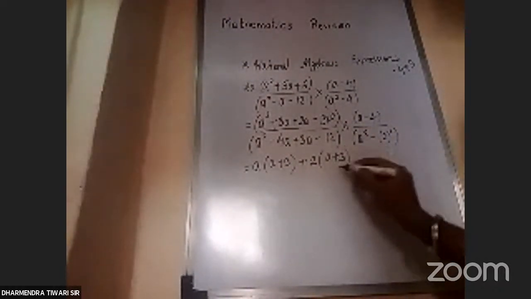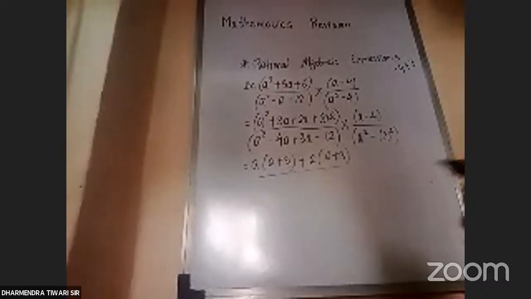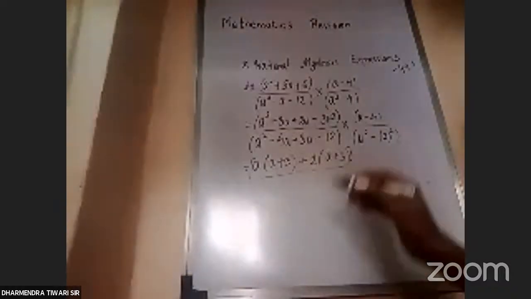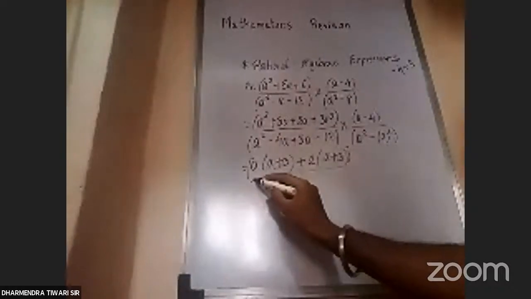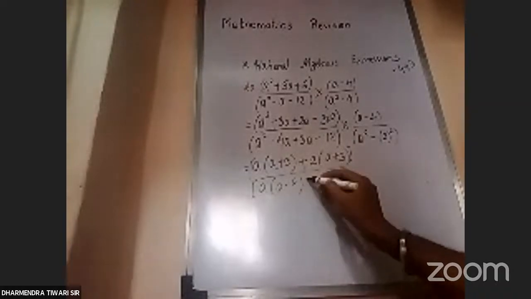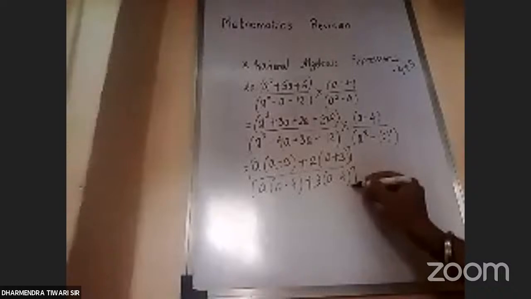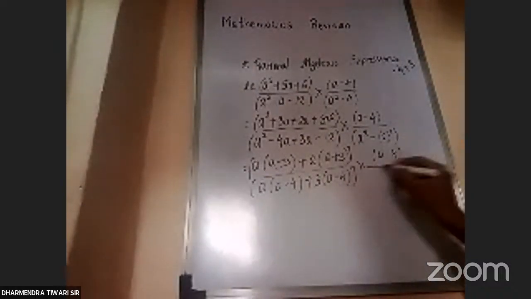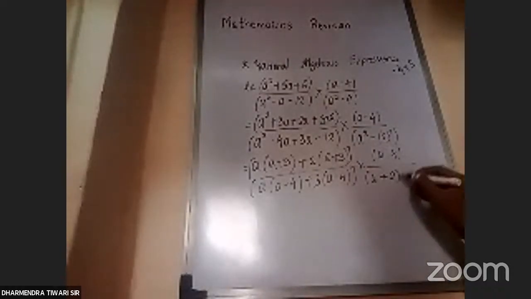I've explained to you that both the terms should be the same, otherwise our expansion will become wrong. Here also we can see what is common: a minus 4. And here we have taken 3 common. What remains? A minus 4, into here a minus 4 as it is. And we can write this as a plus 2 into a minus 2.